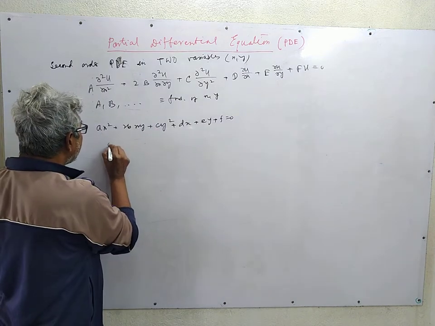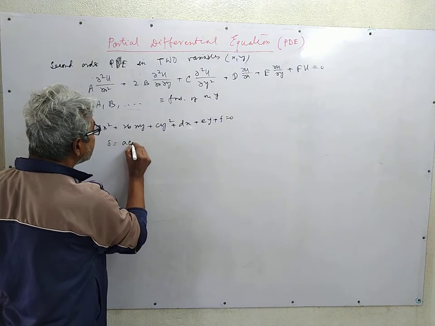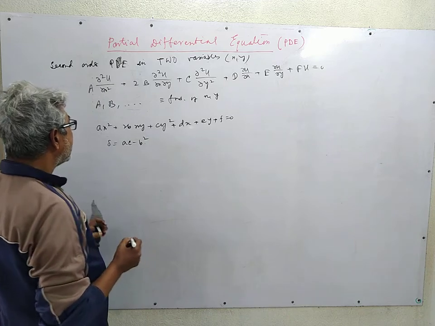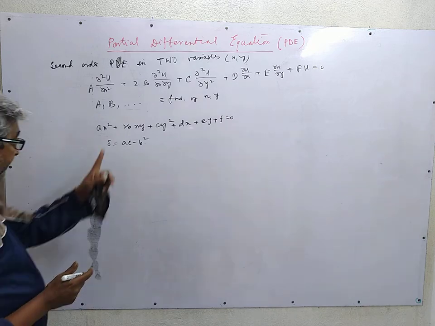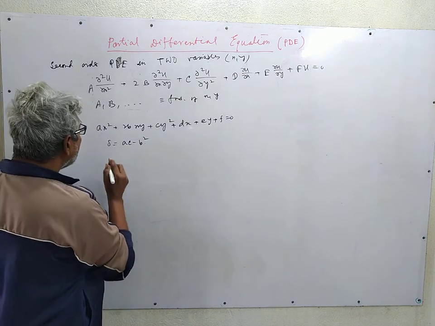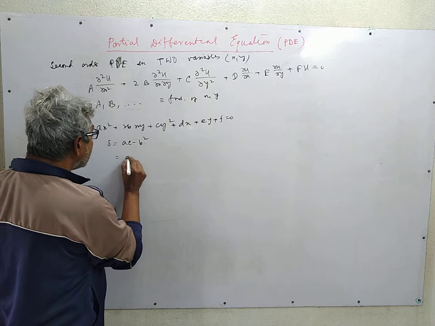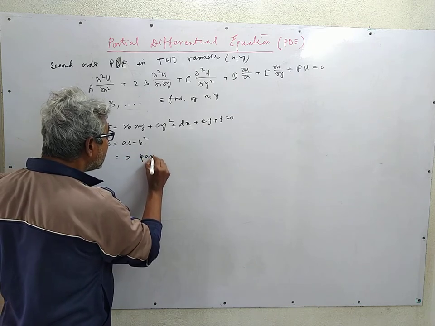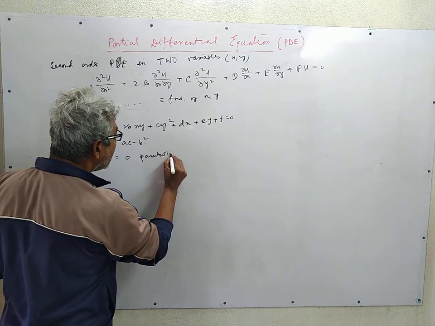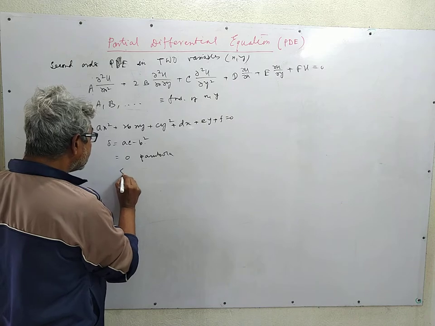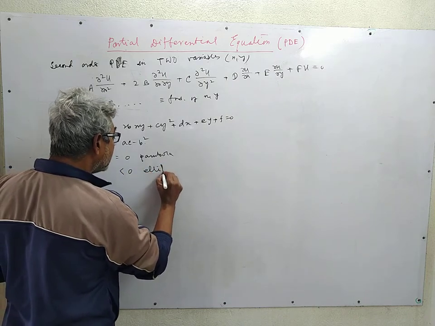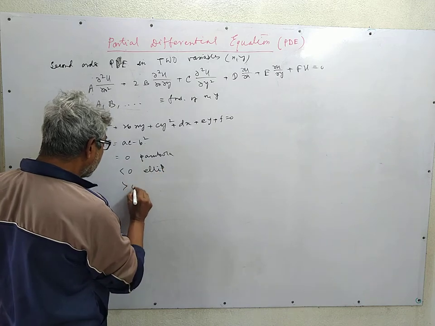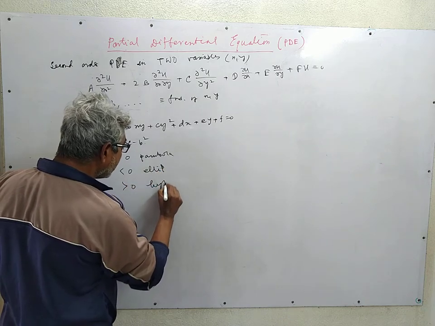That is, if we define delta is equal to ac minus b square, then depending on the value of delta, we can have different curves. When delta is equal to 0, we have a parabola. When delta is less than 0, we have an ellipse, and when delta is greater than 0, we have a hyperbola.